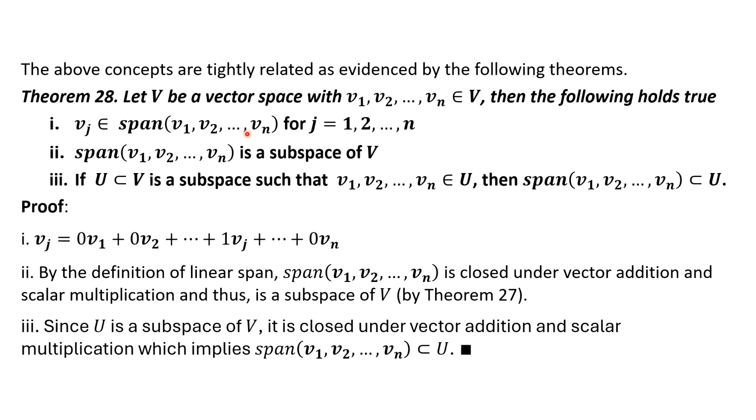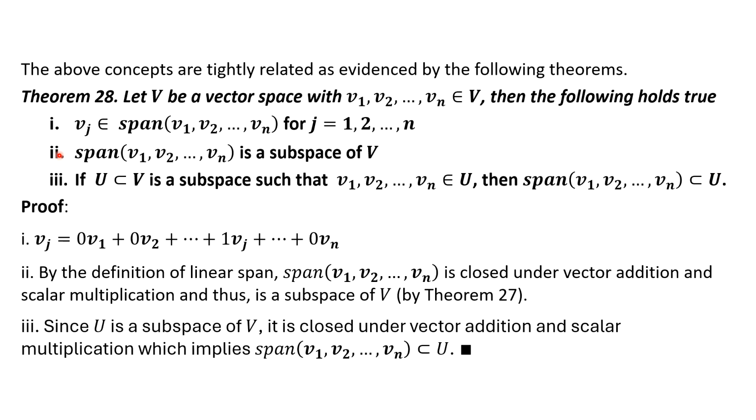The span of these vectors is a subspace of V, and if U, some subset U of V, is a subspace such that v1, v2, up to vn are elements of U, then the span of the vectors v1 to vn is a subset of U.